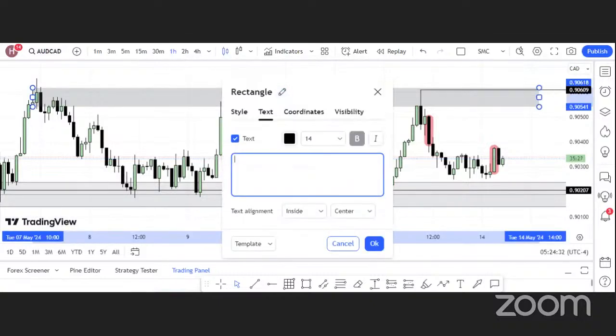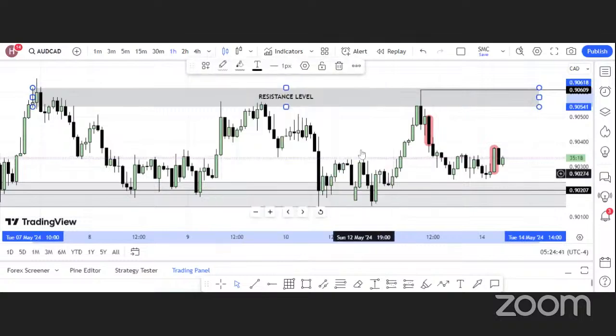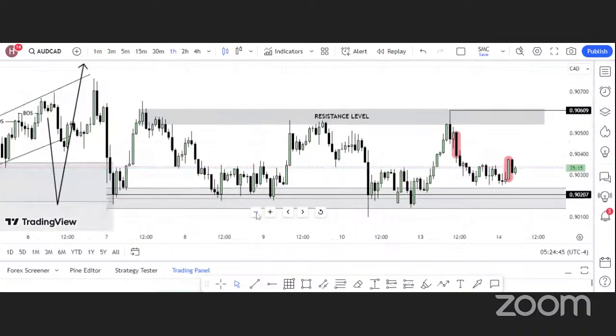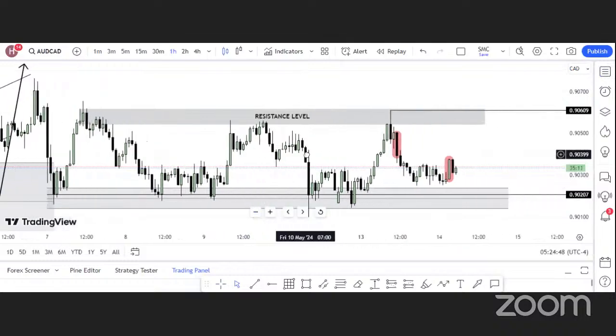Right. So we have a resistance level. And as I've said earlier, a resistance level is that price point where the market would get to and then start to sell. All right.